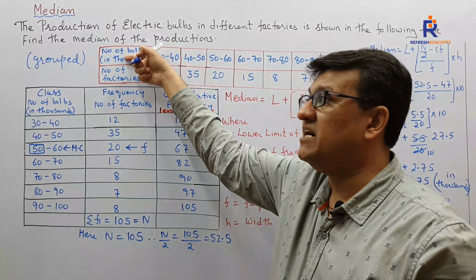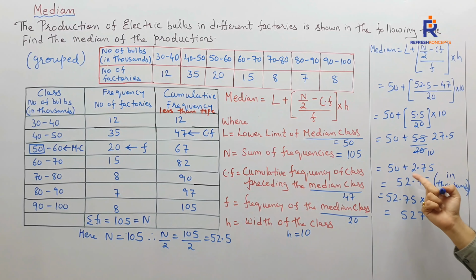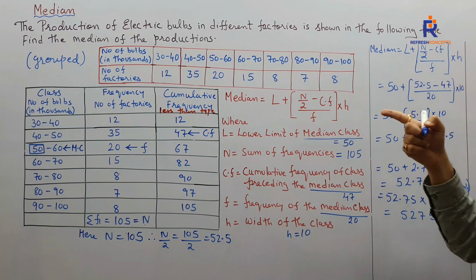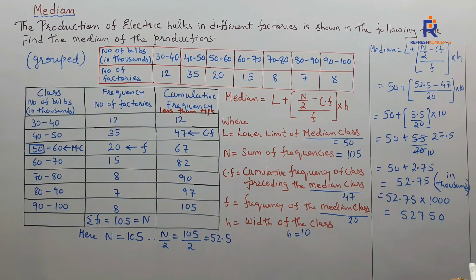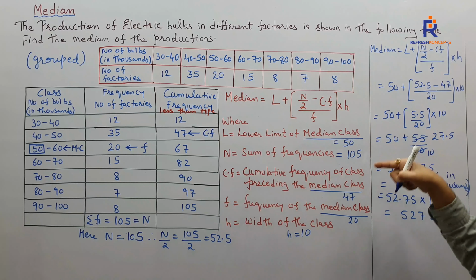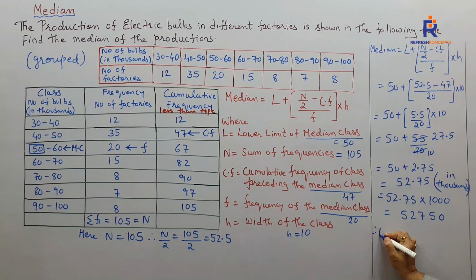Had they not given anything here, that would have been our final answer, 52.75. But if something is mentioned over here, in 1000, maybe in lakhs, maybe in crores, whatever it is, we have to take that into account and write it in our final answer. So what is the median for our sum? Final line: median is 52,750. So the number of bulbs produced is 52,750.